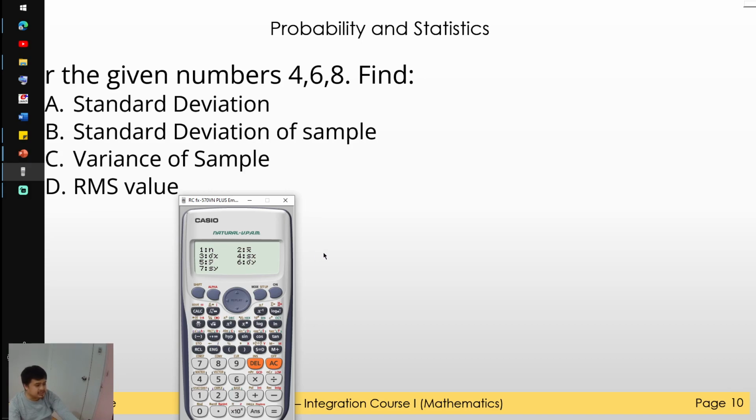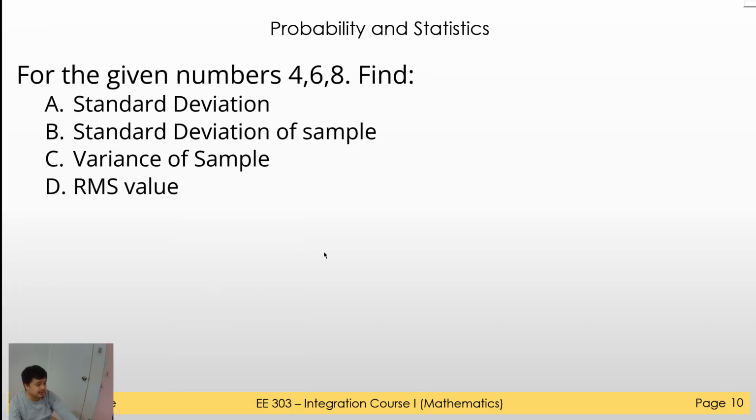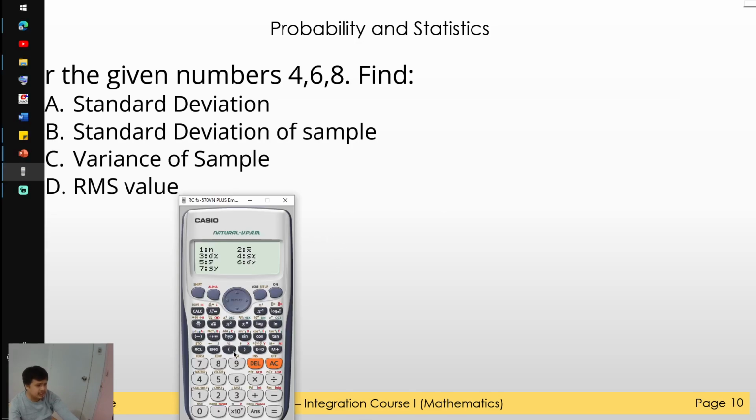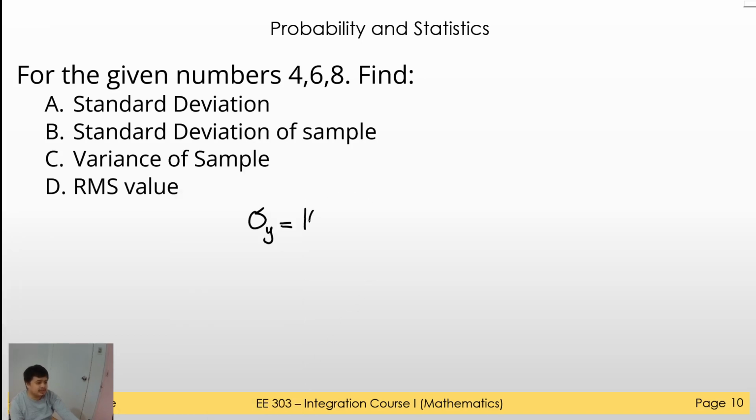If it is a sigma, then it is the population, diba? So for sigma y, we just have 6 and then equal sign. So we already have a value which is 1.6330.